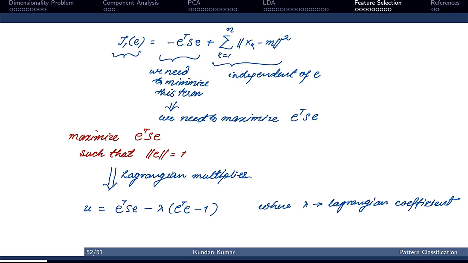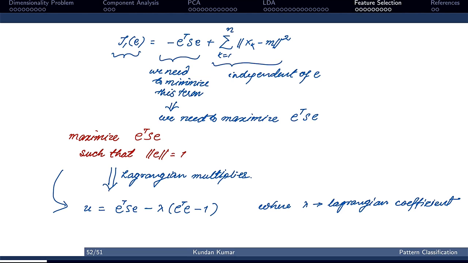I will make another video lecture for the solution of this kind of problem using the Lagrangian multiplier. For now, you can just remember that this is the equivalent problem using the Lagrangian multiplier. So we can maximize this term.